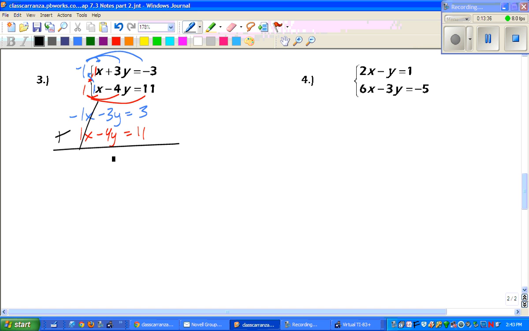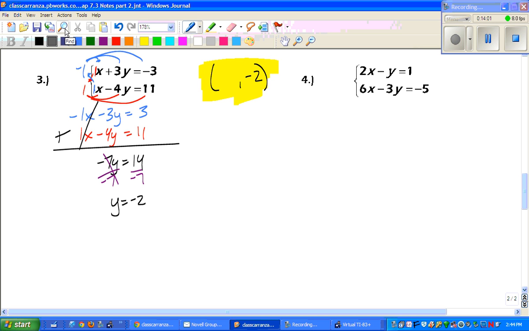Add everything up, your x's cancel. Negative 7y equals 14. Divide by negative 7. Y equals negative 2. Okay.